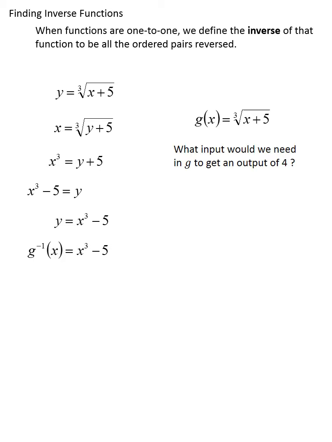Here's my question. What input would we need in our original function to get an output of 4? In other words, what maps to 4? Hit pause and see if you can find a specific number for x that will make the output be 4.